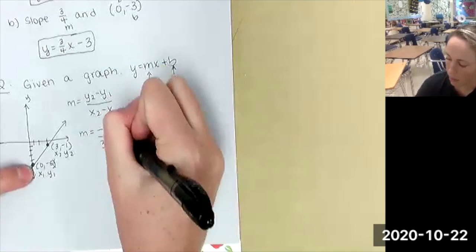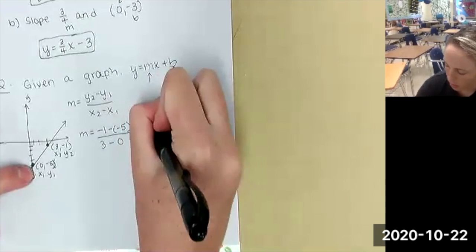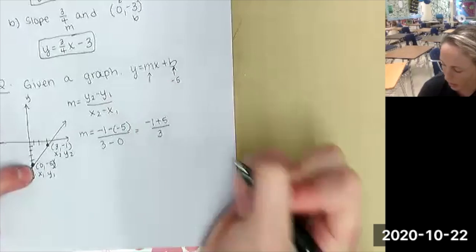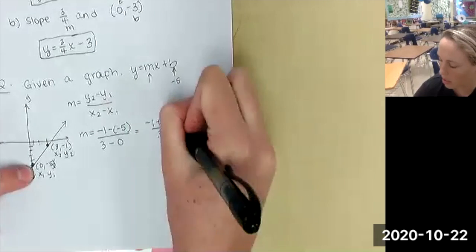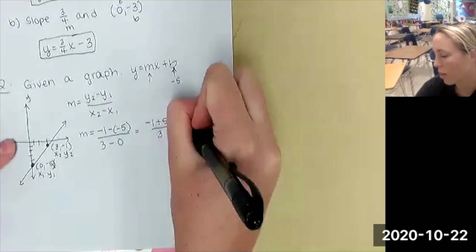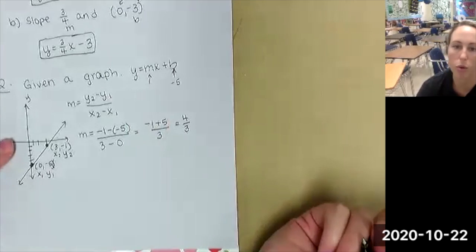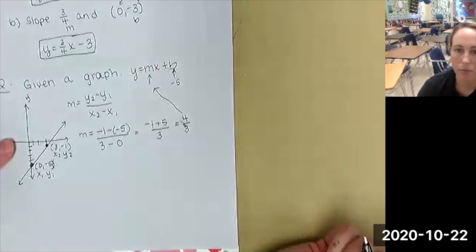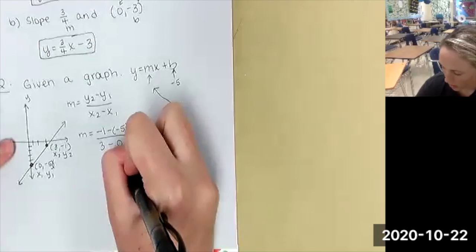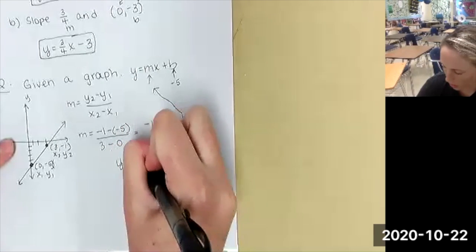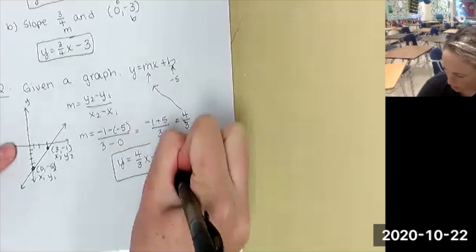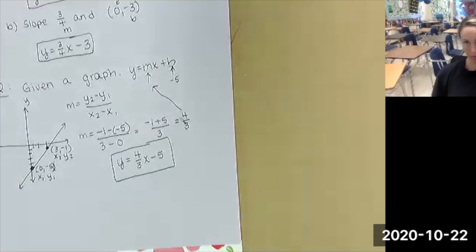So if we make that minus negative a plus, we got -1 plus 5 over 3. So -1 plus 5 is 4. So our slope is 4/3. And that's going to go in that spot. So we've got y equals 4/3 x minus 5. So that's how you write it from a graph.